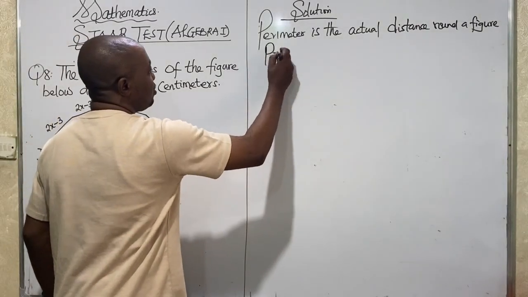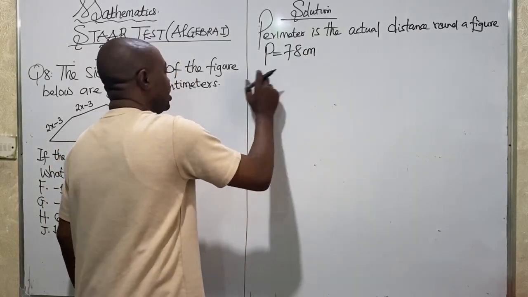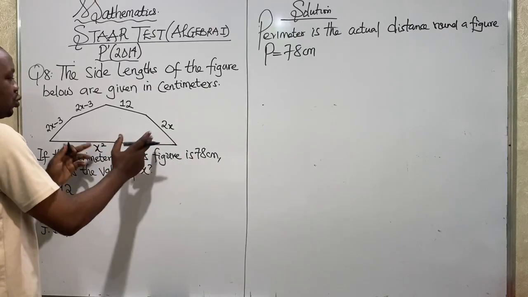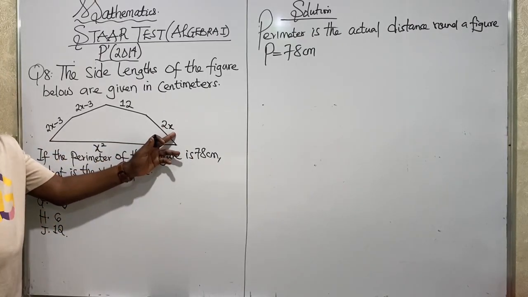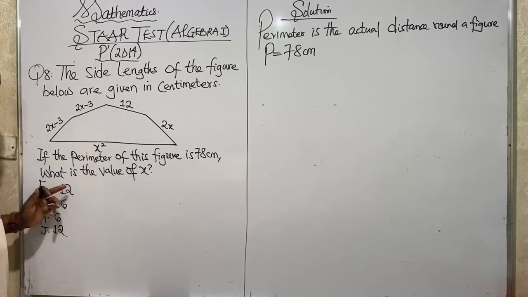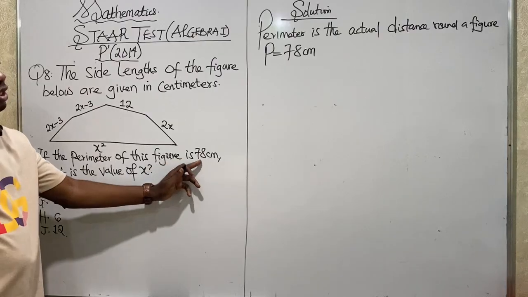We have the perimeter to be 78 centimeters. So by the time we add all of this together, we must get 78. That's when we know the value of x. And by the time we plug in the value of x, when we add all the side lengths together, we must get 78.